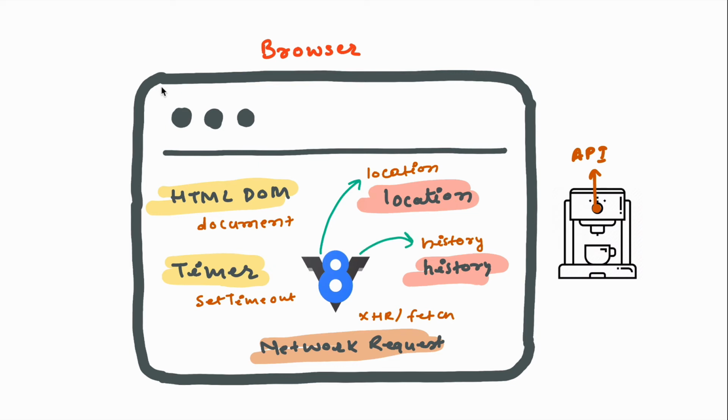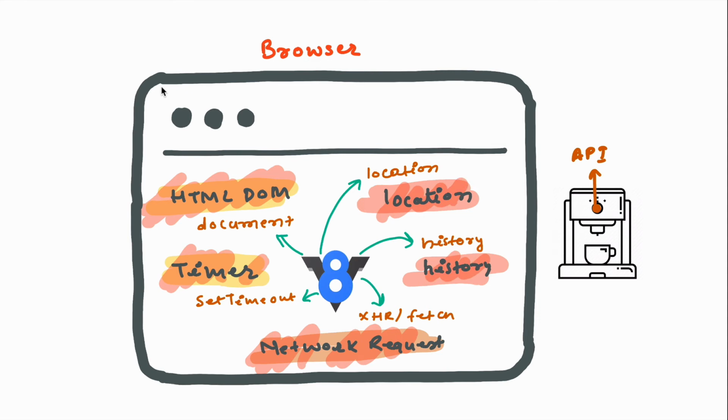So whenever we want to interact with the DOM, we go ahead and say document.querySelector. If we want to interact with the timer, we go ahead and say setTimeout. So just because JavaScript is present inside the browser, there are a lot of features that we get access to because JavaScript runs in the browser. Things like history, timer, HTML DOM, network request, and location.